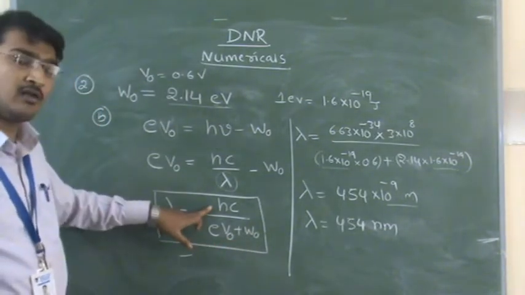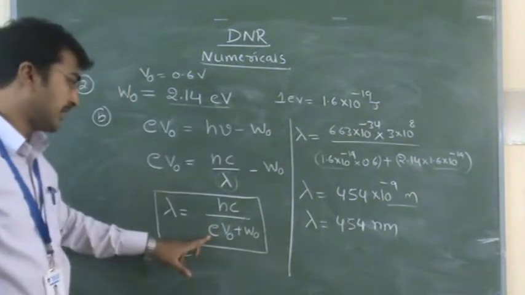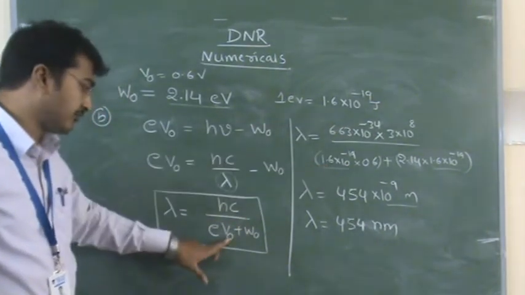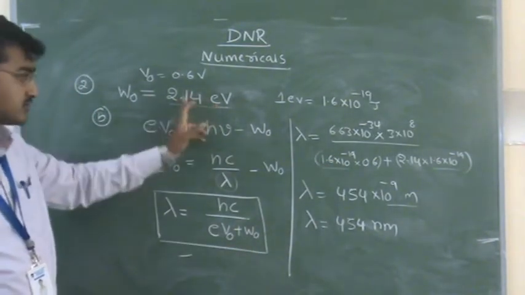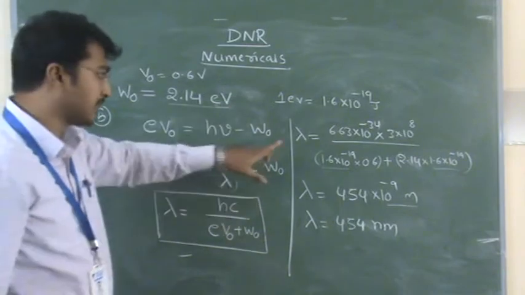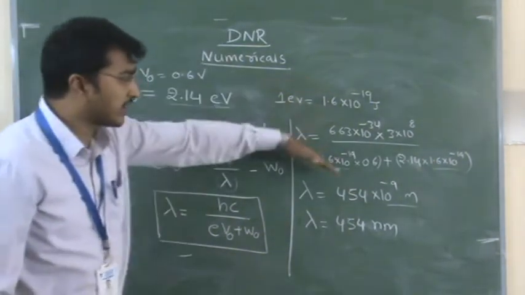So substitute all the values. The h value we substituted, the c value we substituted, and the e value. V naught is given as 0.6. W naught is in electron volts, so we convert it into joules by multiplying with 1.6 into 10 to the power of minus 19, and then calculate everything.